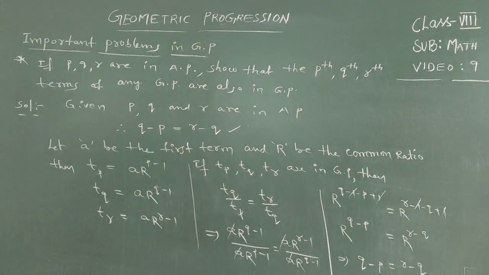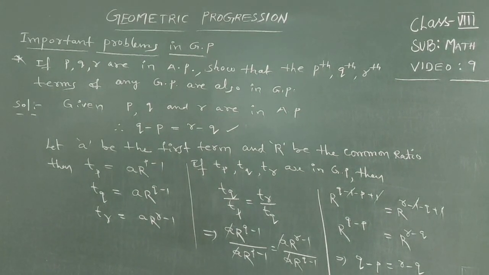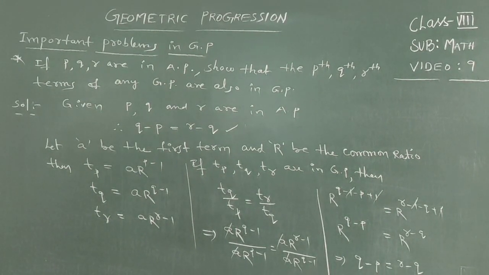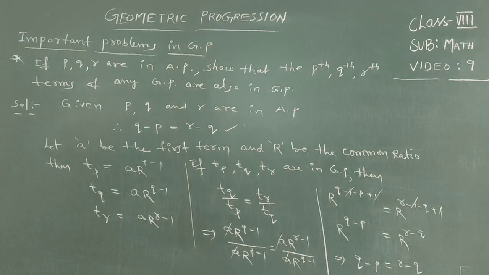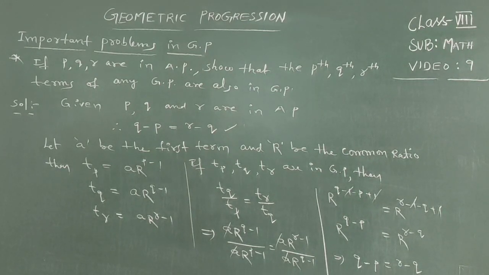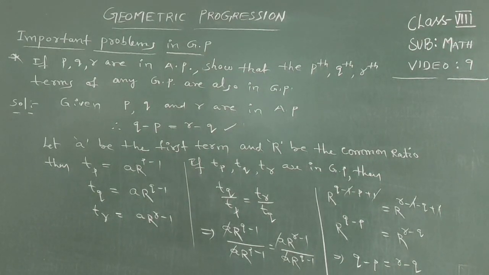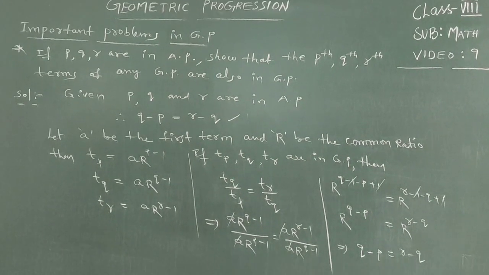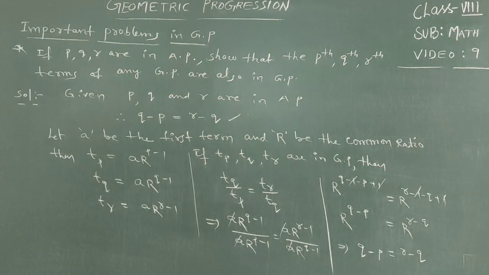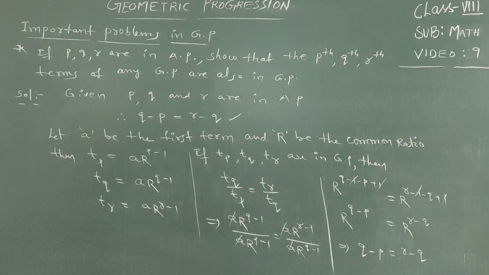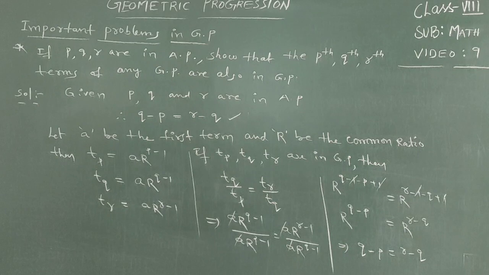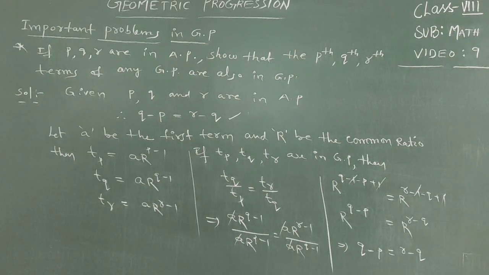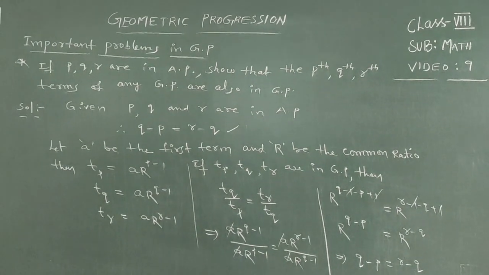Then they gave Pth, Qth, Rth terms of any GP, means TP, TQ, TR are in GP, then second by first, third by second equal to R, the common ratio. So with the help of that, after simplification, we got Q minus P equal to R minus Q. So the given conditions are satisfied.